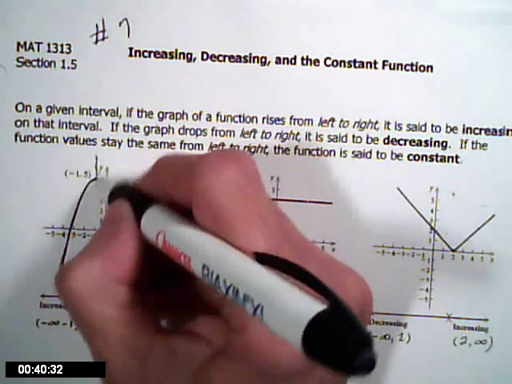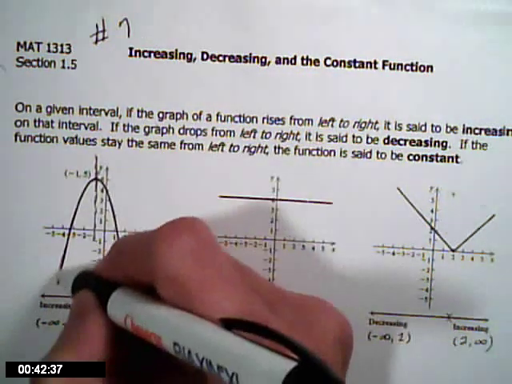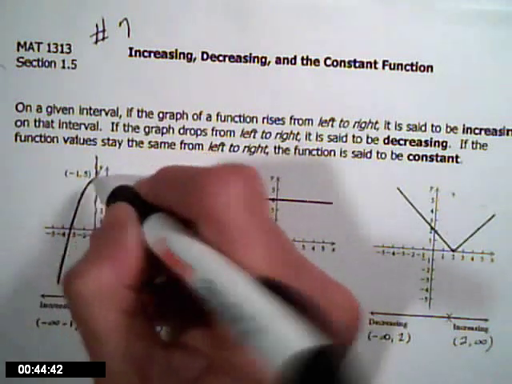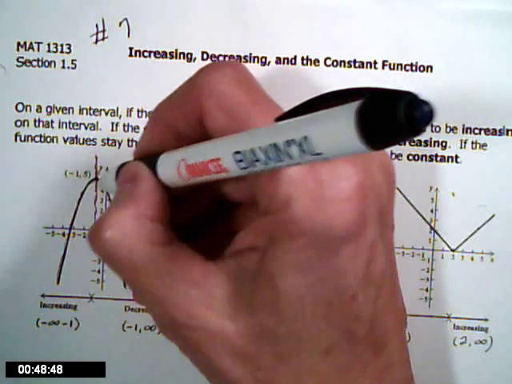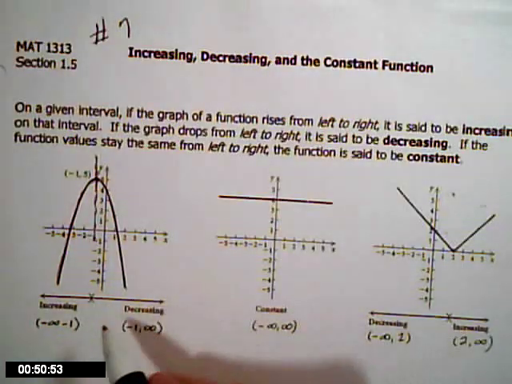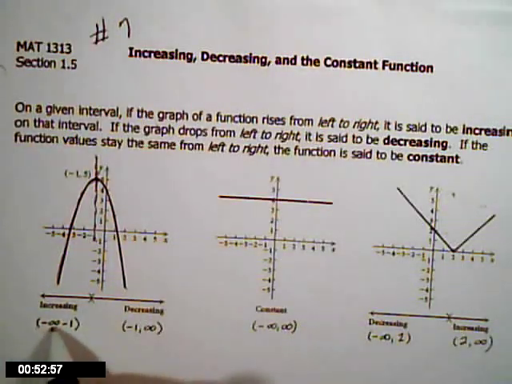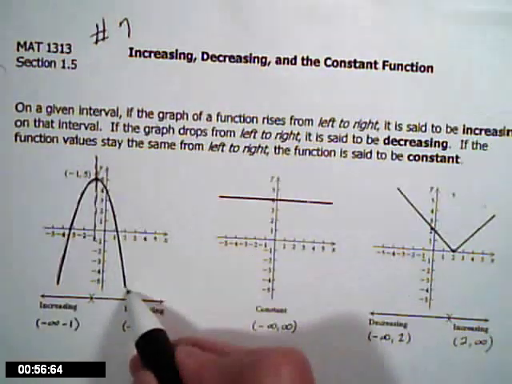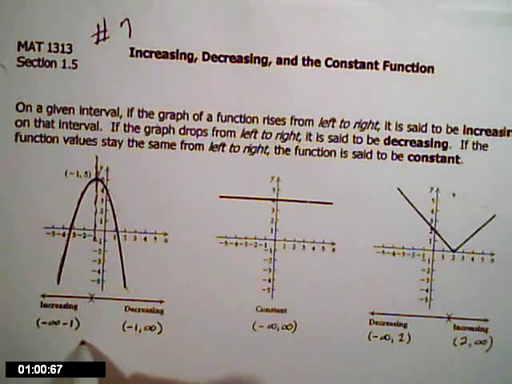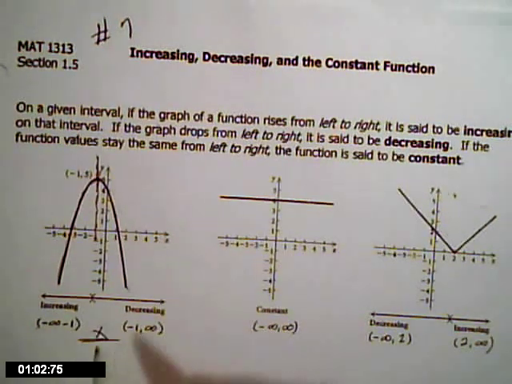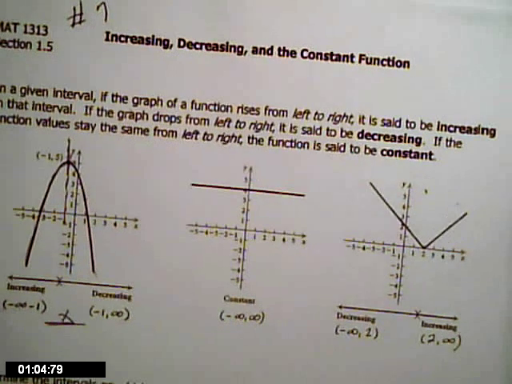So if you'll think about this, this is where the graph stopped increasing, and that was at -1 for x. Then it decreased. So we say it increases from -infinity to -1 and decreases from -1 to infinity. Now remember, these are all x intervals. You've got to remember that.